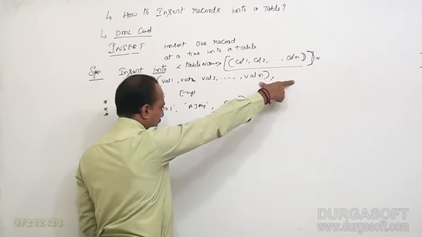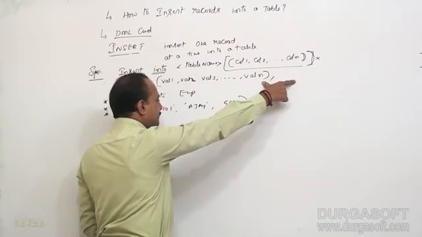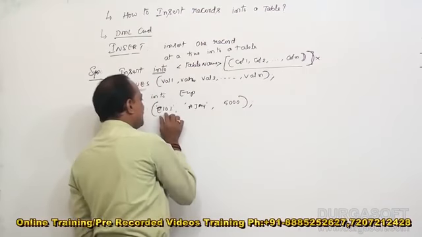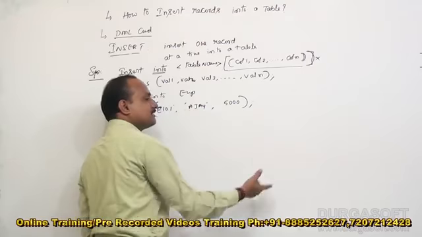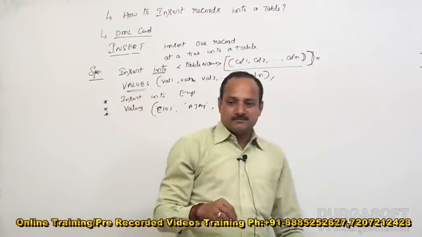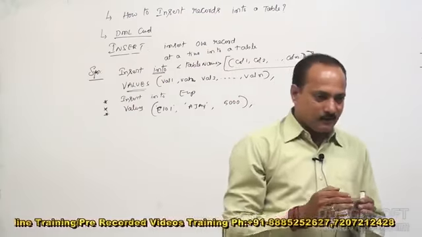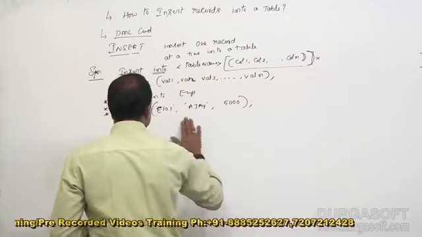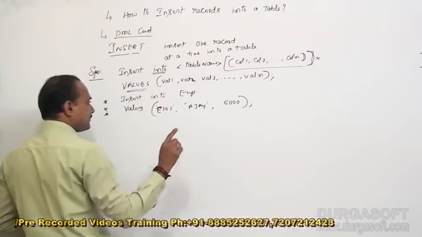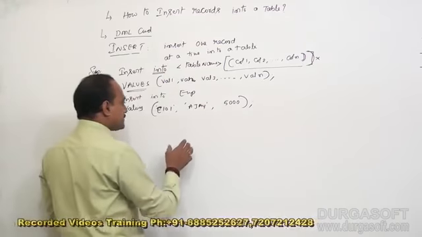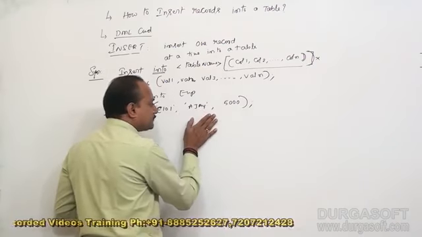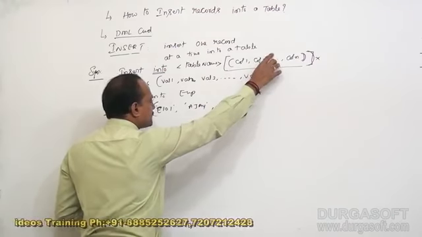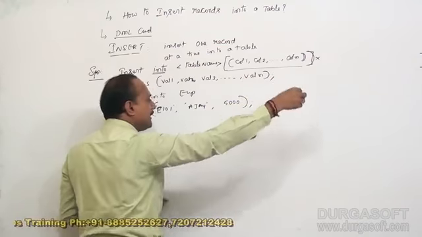Whatever the order of the columns, by considering that order, you have to insert the values. Don't specify 5000 in the beginning, otherwise 5000 is inserted as an employee ID value. So specify the value related to the respective position of the column. This is insertion. You have to maintain proper order of the values while insertion, and no need to specify column names if you are inserting n values into n columns.